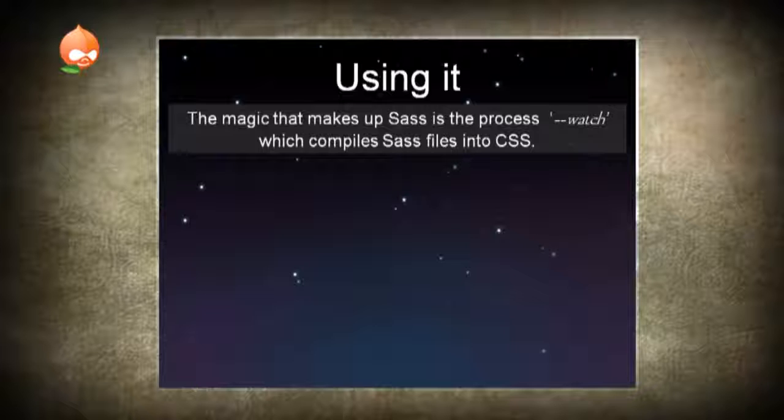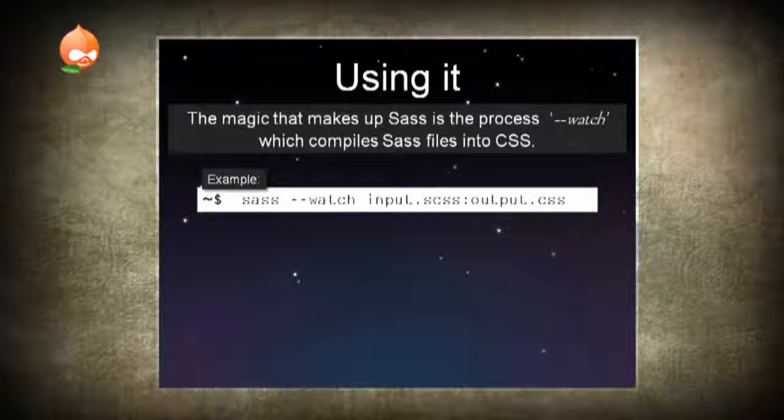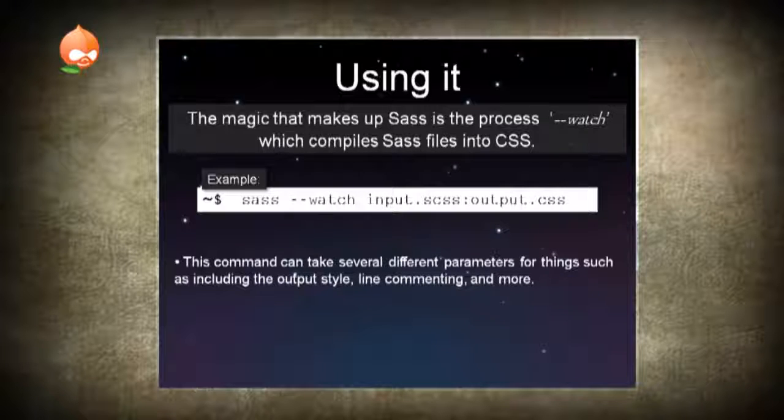So the real magic that makes up Sass is this watch command. And that watch is just a process that runs, as we mentioned in the previous slide. And to do that, you just pass the watch, and then your input file, .css, or Sass if you use it, and then the name of your output file. And that'll just watch for your changes and then dynamically overwrite your CSS file as the SCSS file is edited.